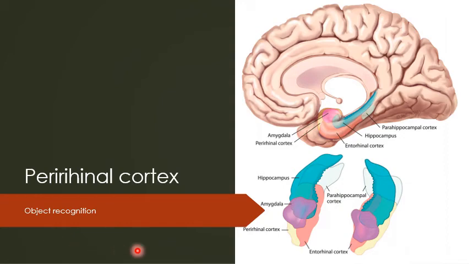So we say object recognition, that's the ability to perceive an object's physical properties. So yung shape, ang color, ang texture, and also apply attributes to it. So unsa may gamit ani nga object, how does it relate with other objects, what are your previous experiences with this object. So that is what object recognition is. So in the picture, it's located here, getting perirhinal cortex. So entorhinal cortex, the hippocampus, the amygdala.